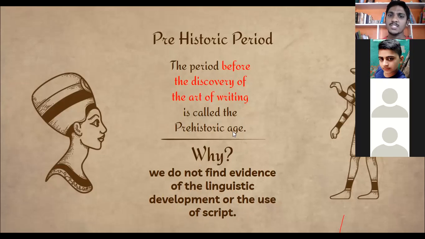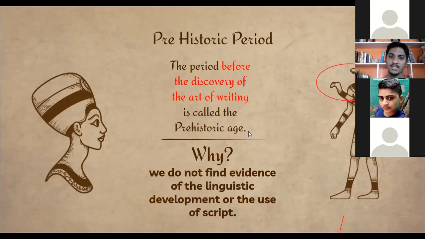Before the discovery of writing, there was no writing, so we don't have any source to refer to or study. That's why we consider it a prehistoric period. Because there was no writing, there was no evidence to prove what was or was not happening.